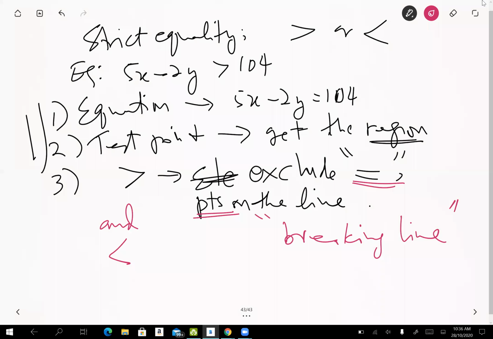I'll give you some questions in the book. I would like you to do these questions. Go to 4.1. Do number 9. Then you do number 10.